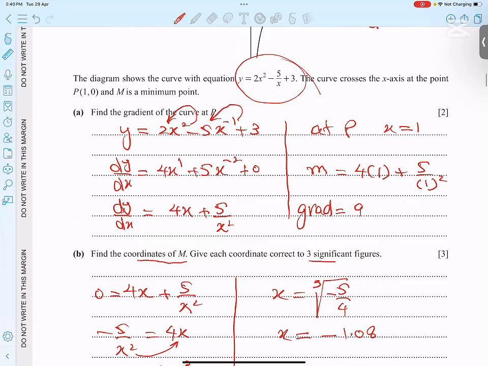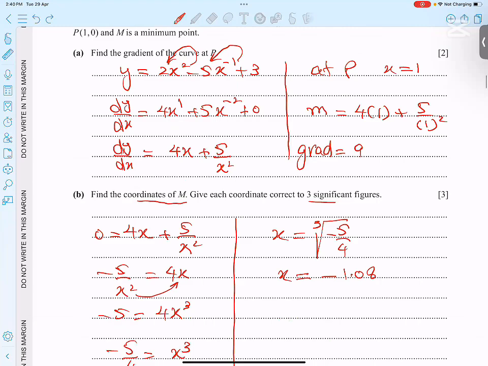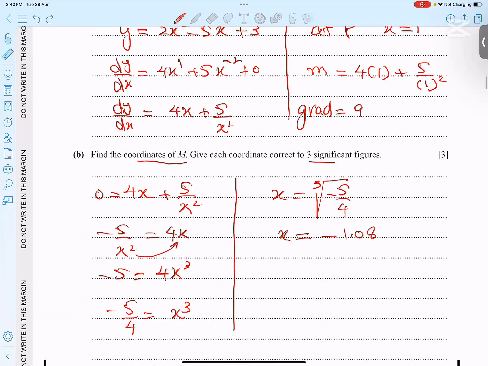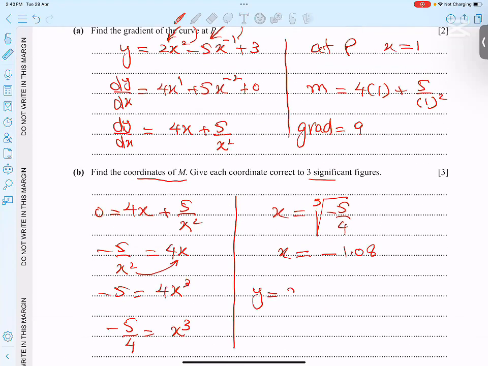So y equals 2 times negative 1.08 to the power 2, negative 5 over negative 1.08, and plus 3.